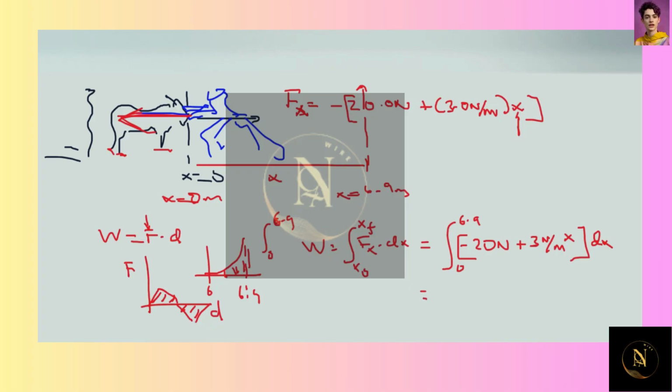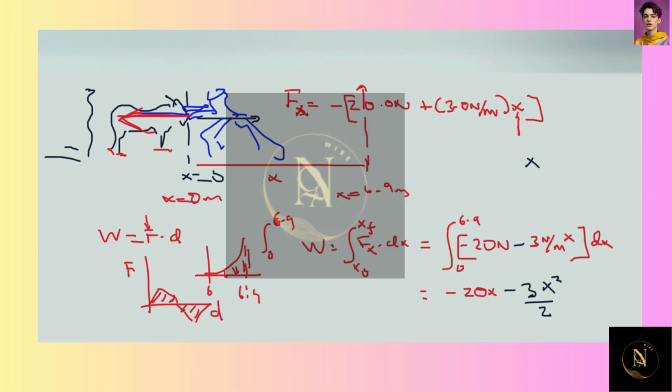When we do the integral of this, we end up getting negative 20x. Remember, there was a distribution of the negative, so this one is obviously going to be a minus. So minus 3x, you're doing the integral of that, squared over 2.